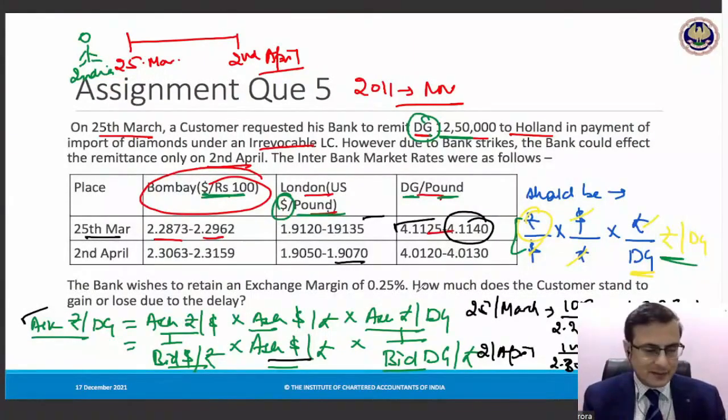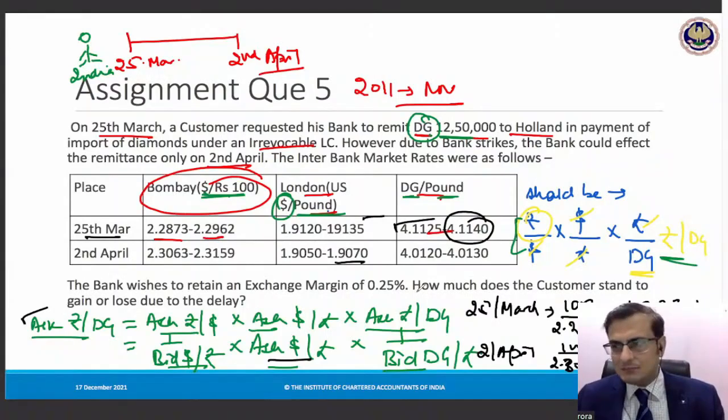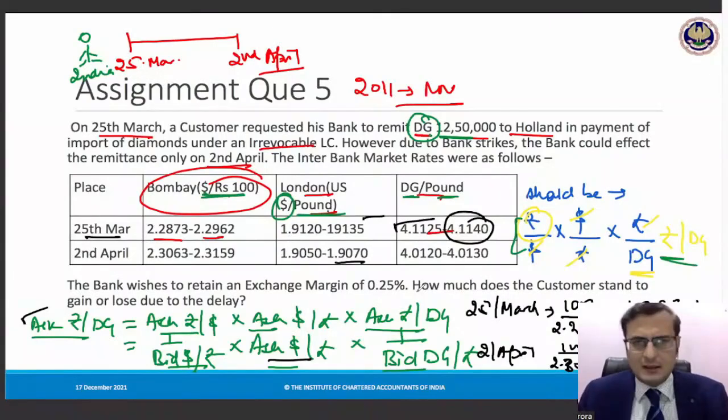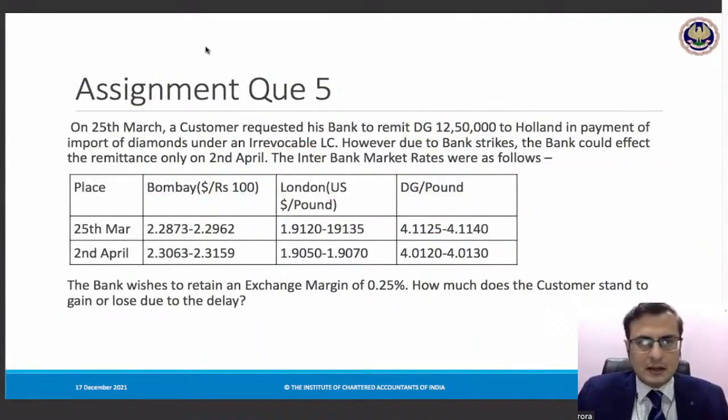Next one, 100 divided by 2.3063 into 1.9070 divided by 4.0120. That gives 20.61, actually 20.609. Let's take 2 decimals, or you can take 4 decimals, not a problem. It will not have a big impact. Shall I move to the answer?